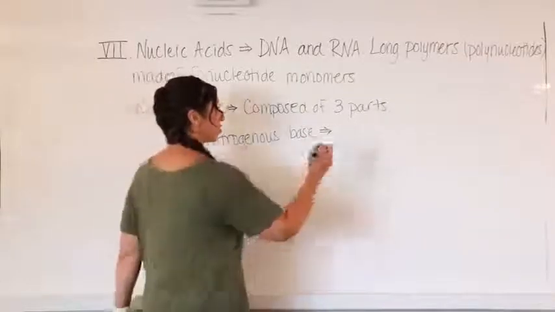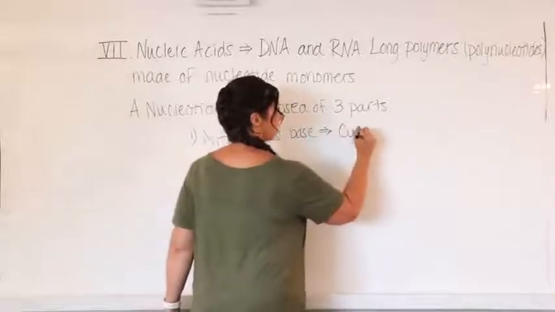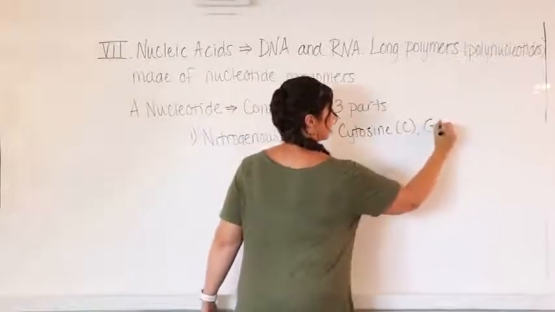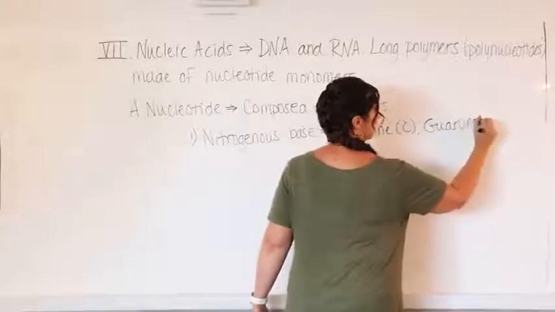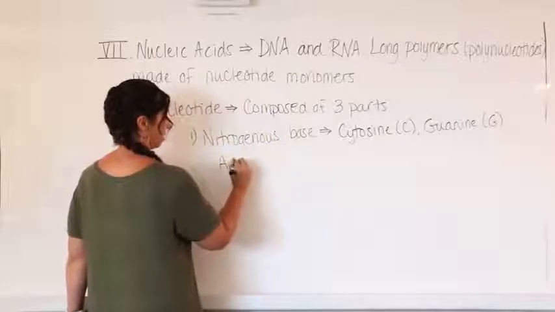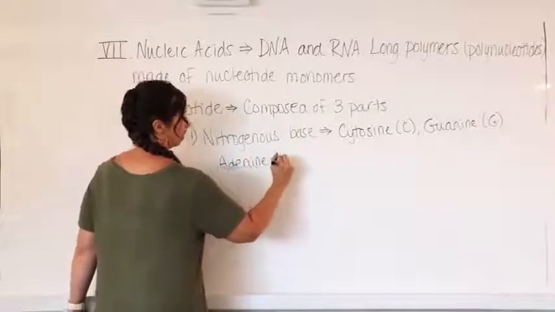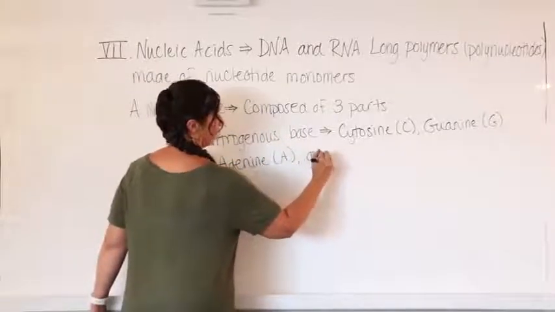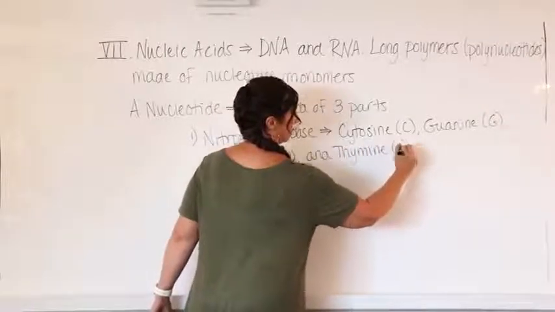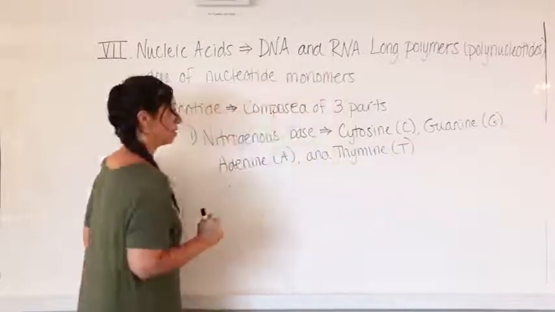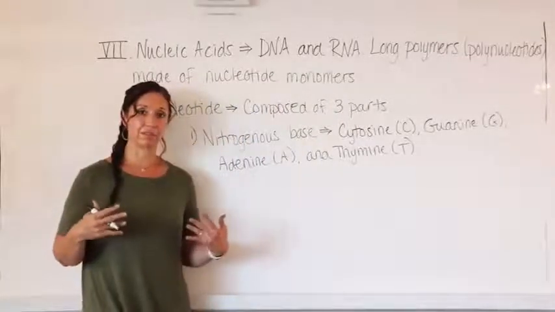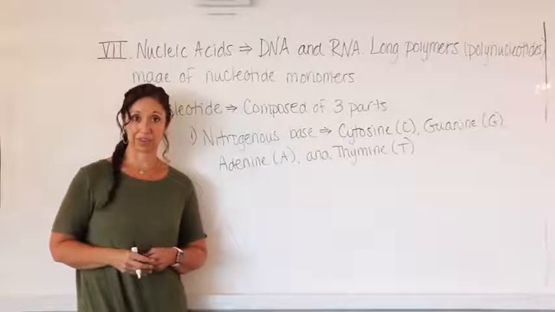So there's cytosine, which is C, guanine, which is G, adenine, which is A, and thymine, which is T. So ACGT, that's kind of the alphabet for your DNA.